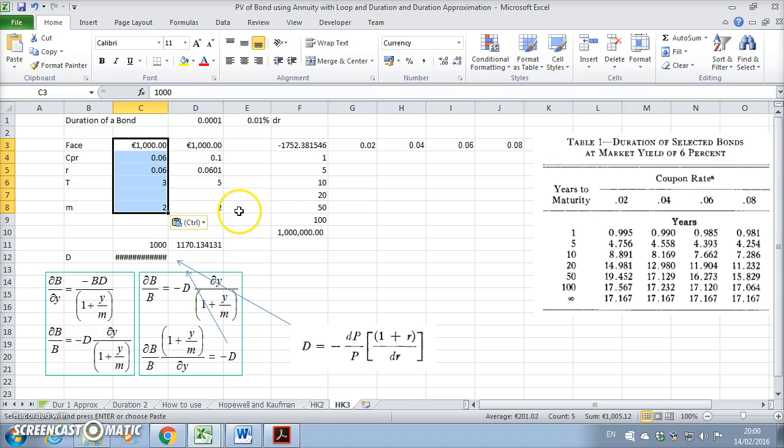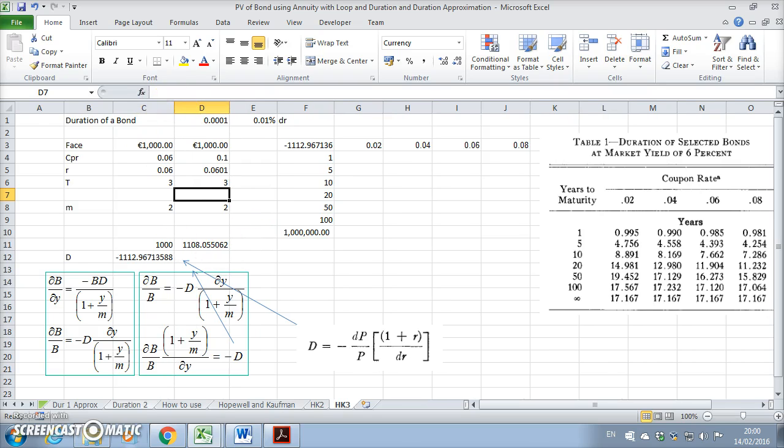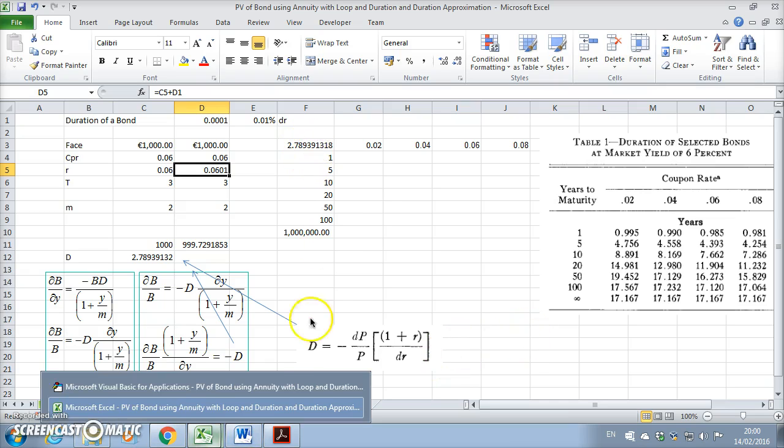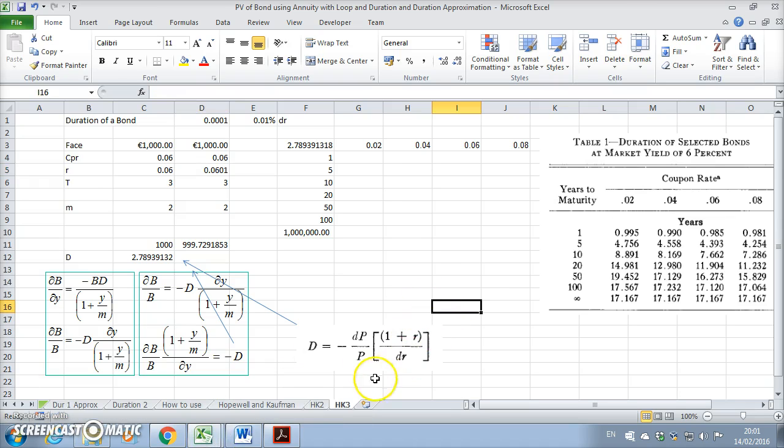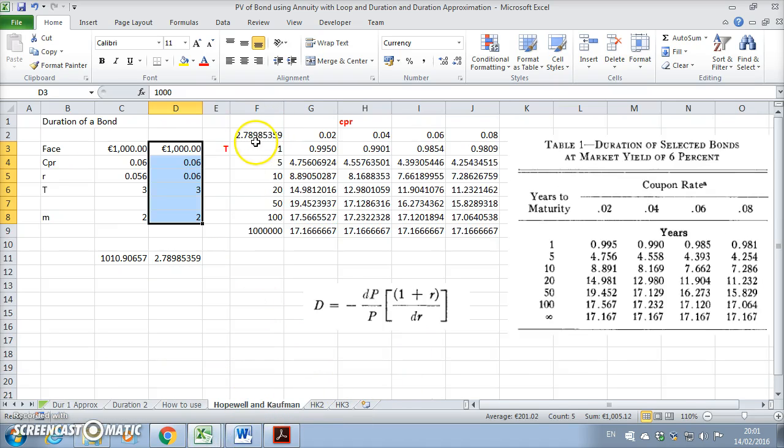Likewise we need to change the time period back to 3, and just look at our values for a moment. Coupon rate being the same. And so we have a value here consistent with the value we had estimated before, so 2.789.